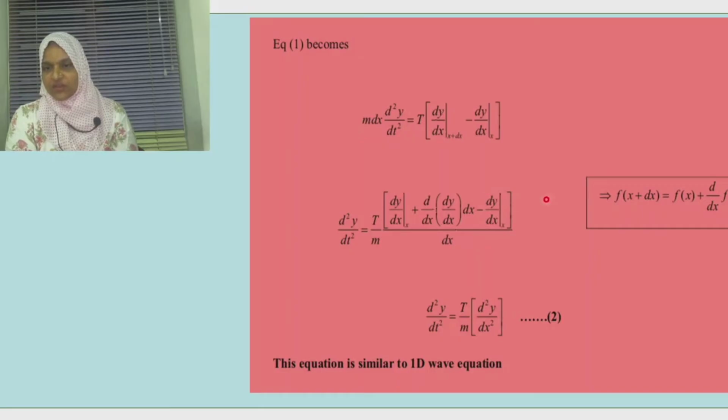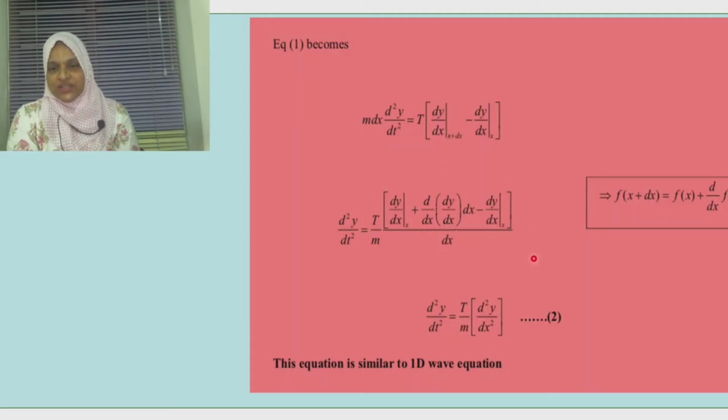This is of the form f of x plus dx is equal to f of x plus d by dx of f of x into dx, minus f of x. So using this expression we can substitute here. Then d square y by dt square will be equal to T by m.